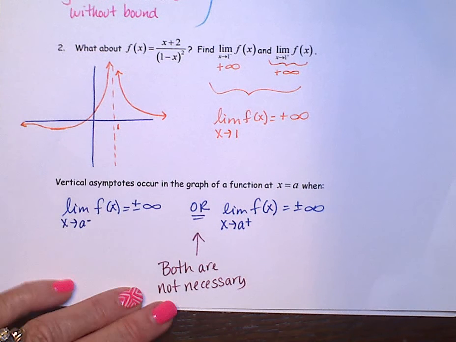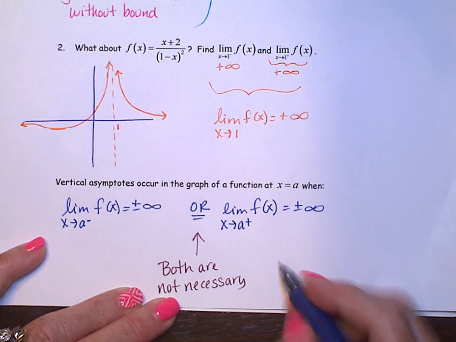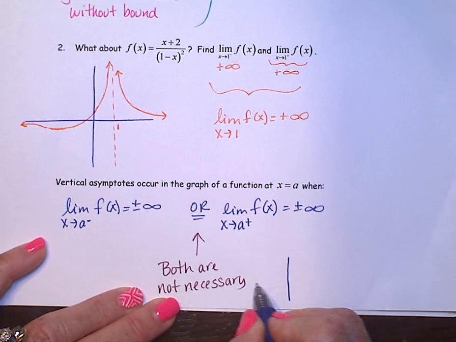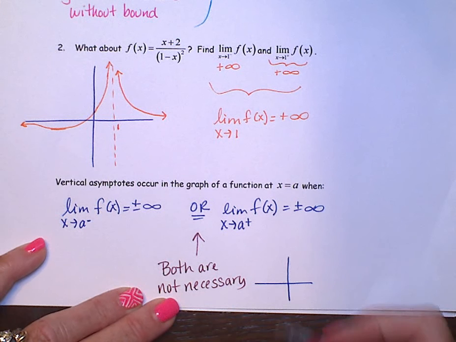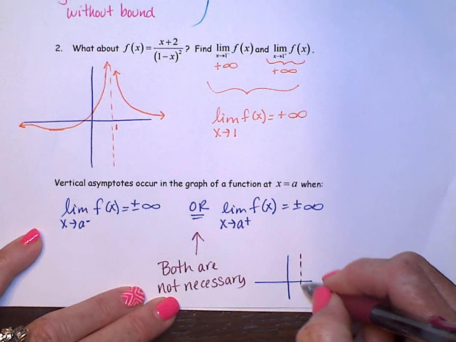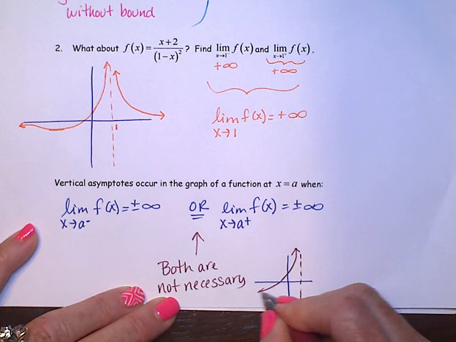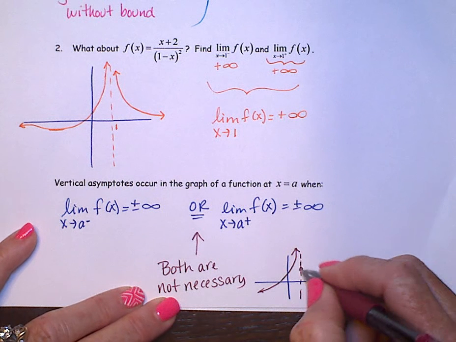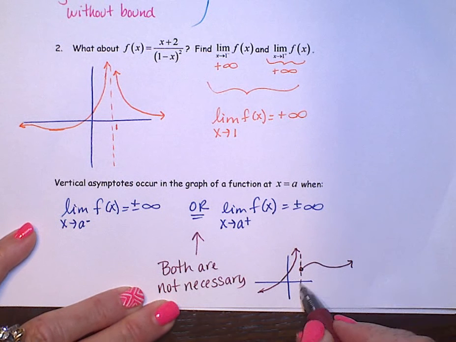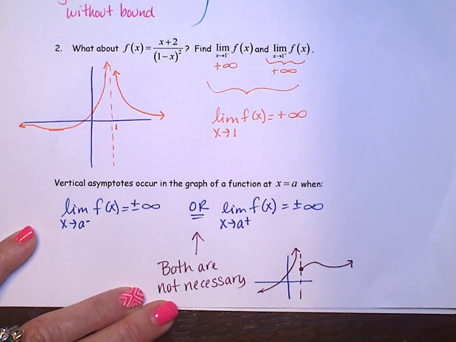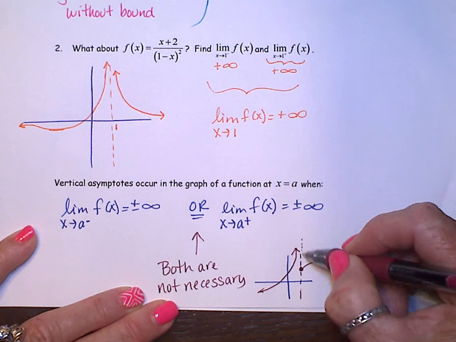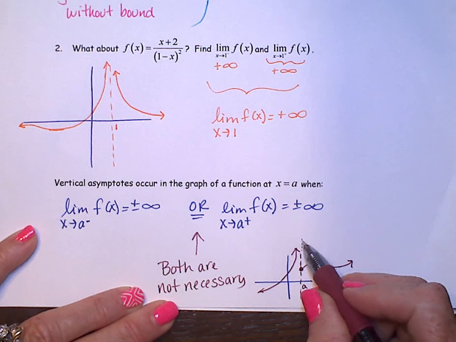For example, we could have a graph that looks like this. It would be a piecewise defined function, but the limit from the left side as x approaches a is positive infinity.